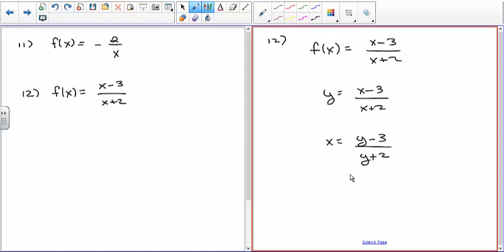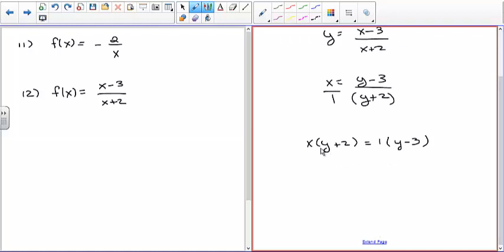Well, we'll create these two ratios and cross multiply. So you'll have x times y plus 2 is equal to 1 times 3 minus y minus 3. Then we'll multiply everything out. And we're trying to solve for y.